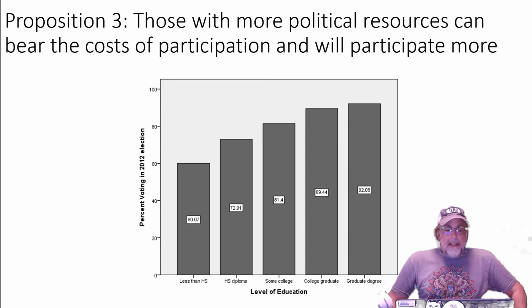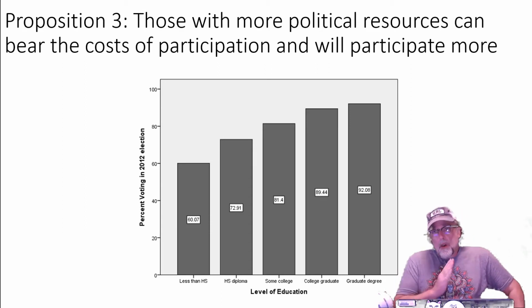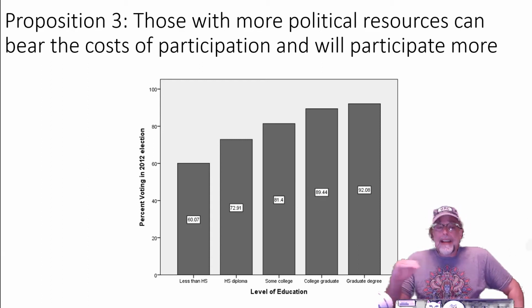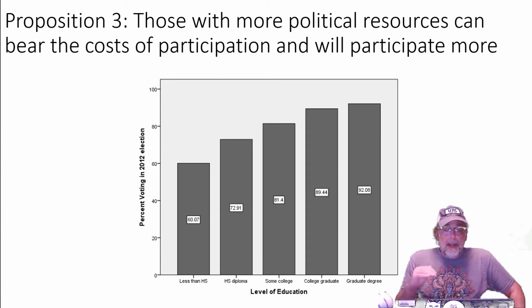If you have less than a high school degree, there's about a 60% chance that you are going to participate in the election. As you go across that bottom axis, where people have more and more resources, what you see is a general linear increase in participation.